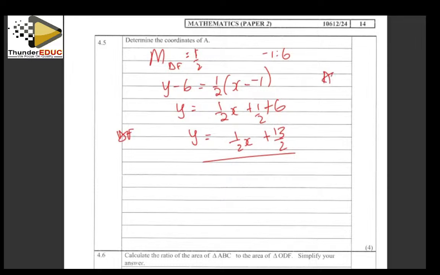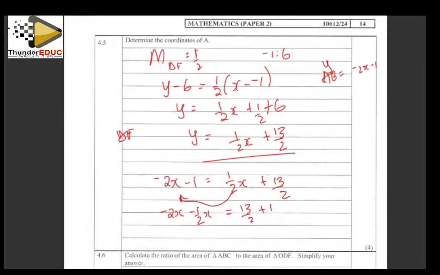The equation of AB is -2x minus 1. Okay, y is equal. So let me just equate the two and say -2x minus 1 is equal to a half x plus 13/2. Move this one that side. -2x minus a half x is equal to 13/2 plus 1.